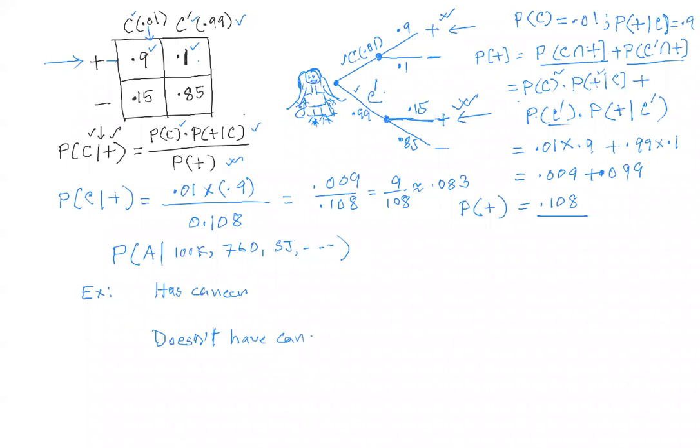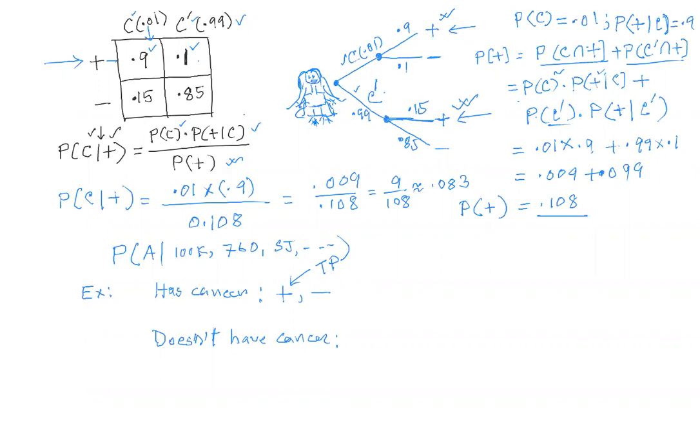These are the two things that could happen, right? On a broad scale: has cancer and does not have cancer. When a person has cancer, there are two things that could happen. The person could test positive or the person could test negative, right? If the person tests positive and has cancer, that's called a true positive.